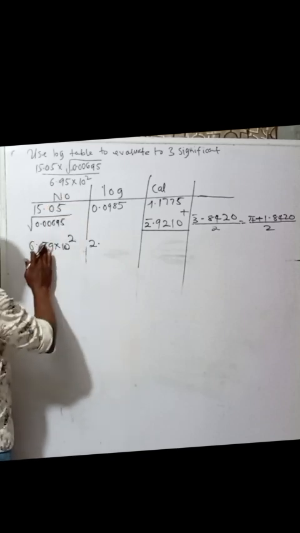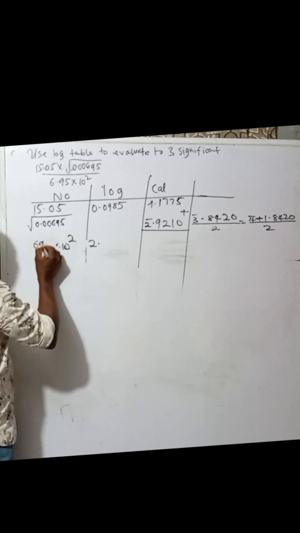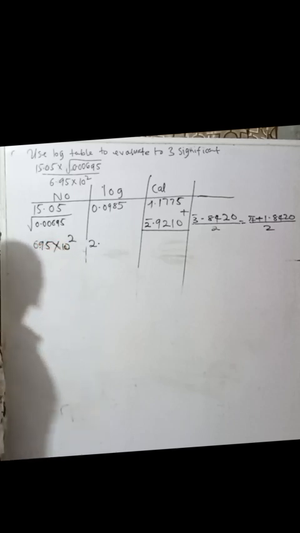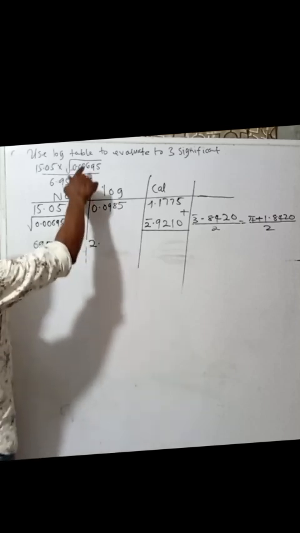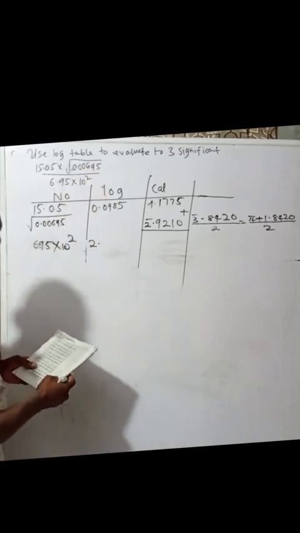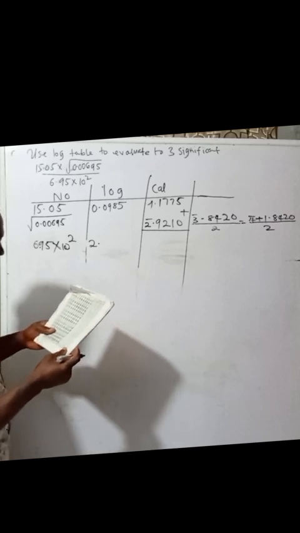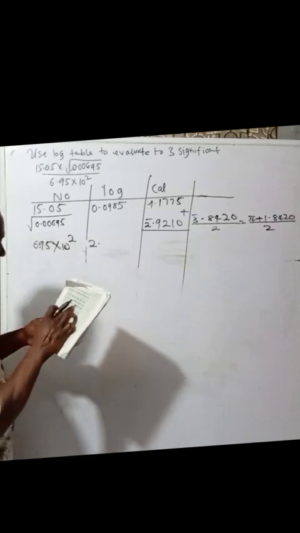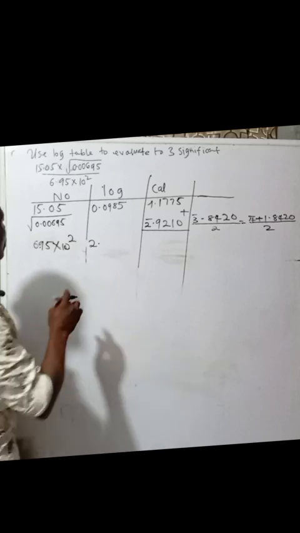Oh, please, 69, please. 6.95 under 5, which is the same thing as this logarithm. Log 69 under 5. Let's look at it. 69 under 5 is 8420.